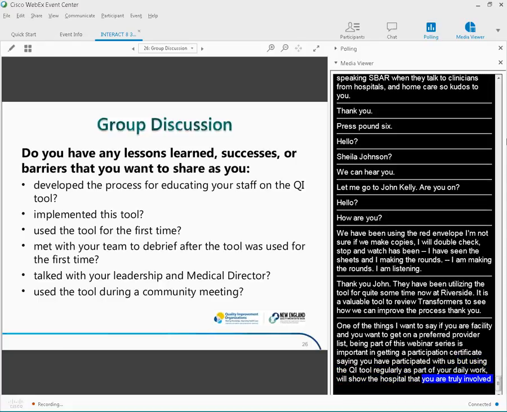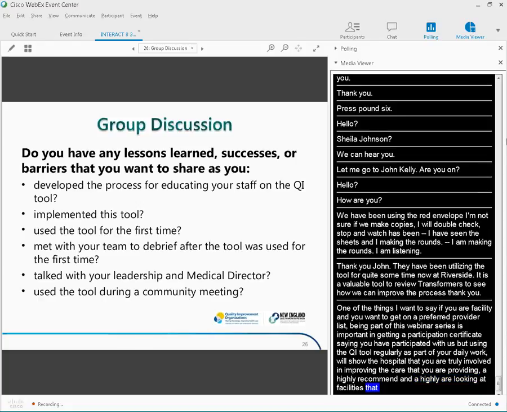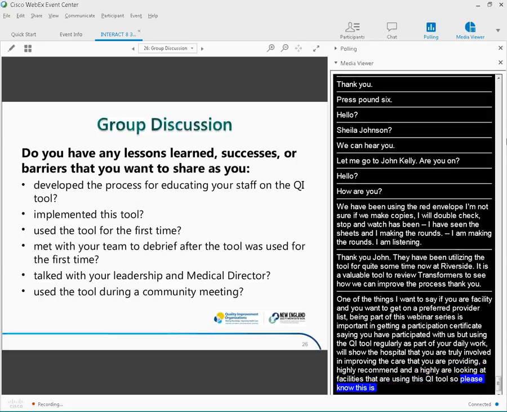They highly recommend it and are looking at facilities that are using this QI tool. So please know that this is a very important tool to have in your toolbox.